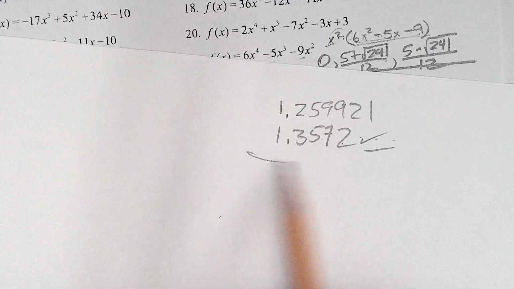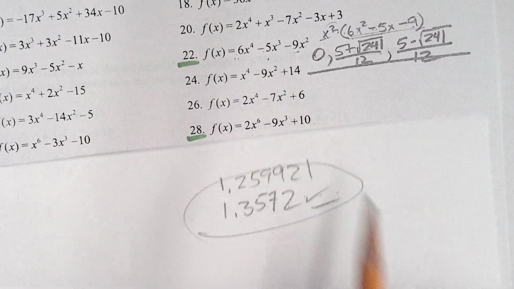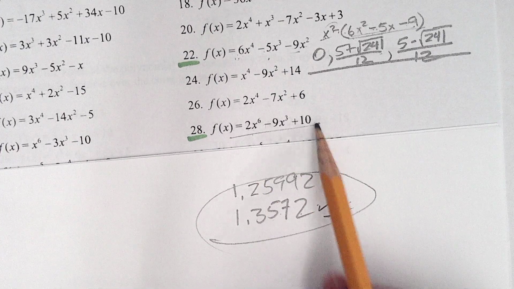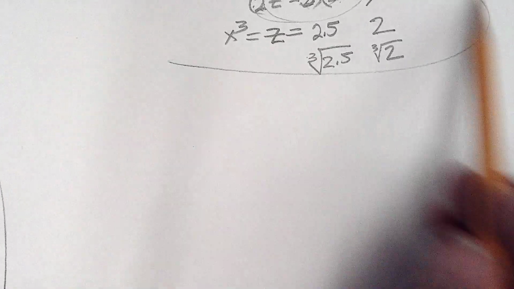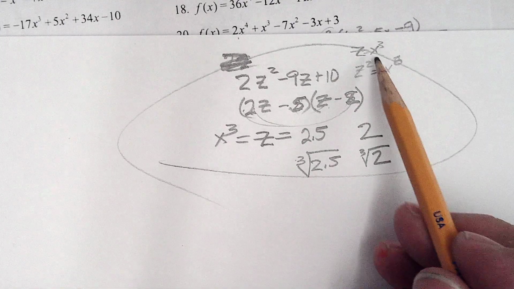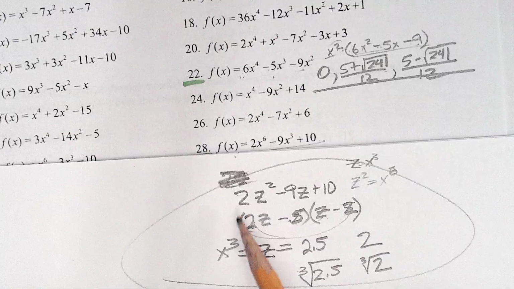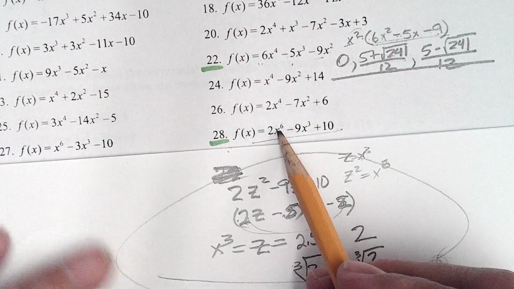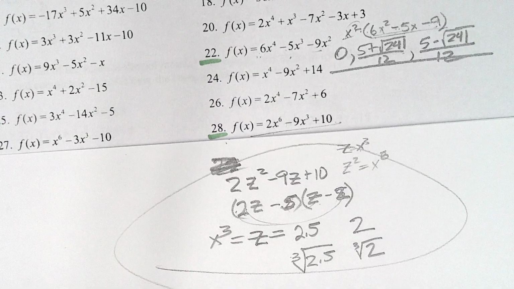So this one, there's no way to do the techniques we've been doing to get the exact answers. You do have to factor. And so you have to do this. You could do it this way without doing the z thing.